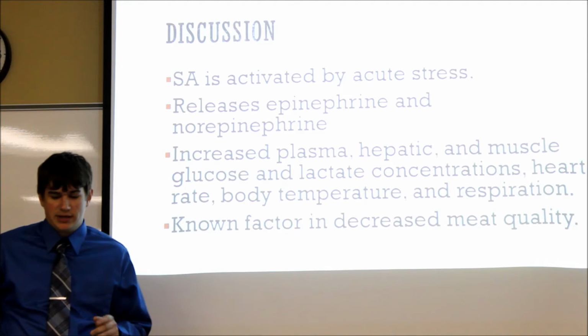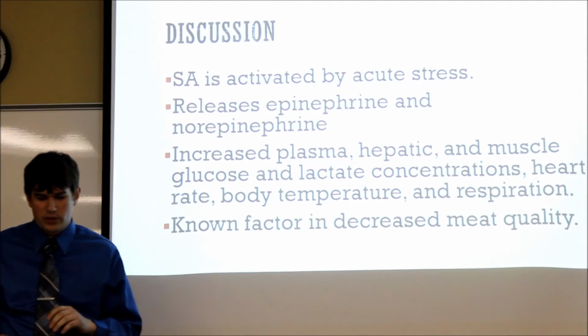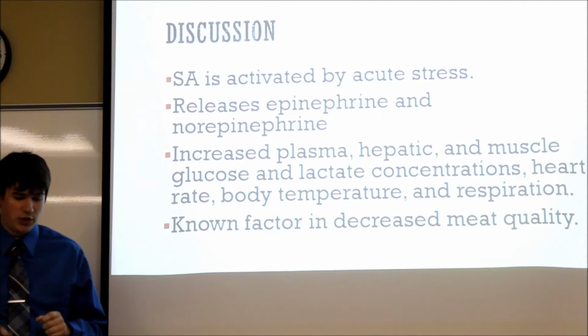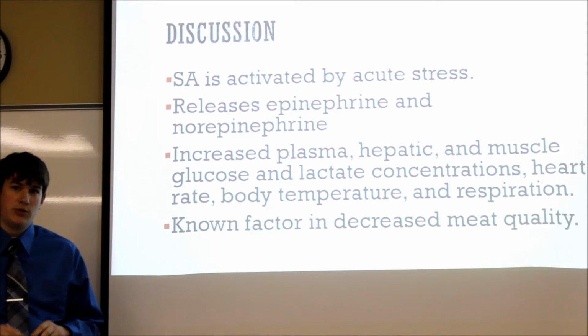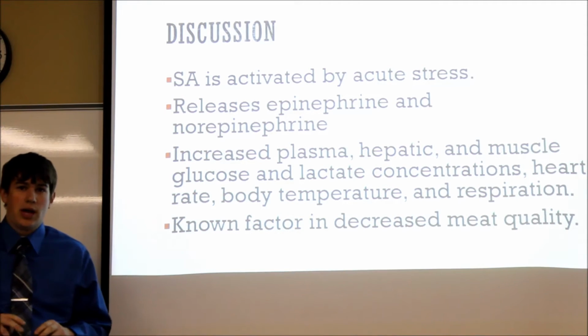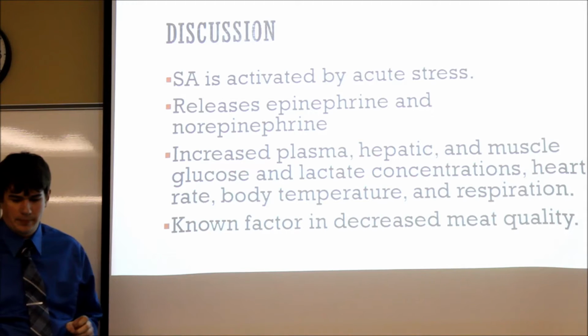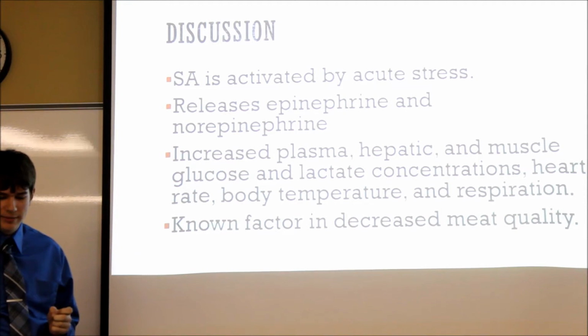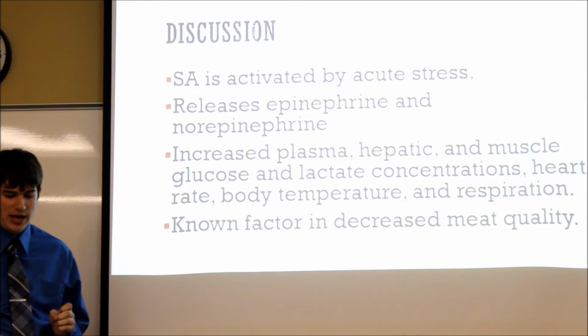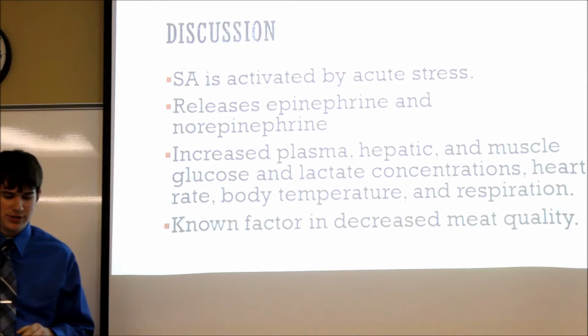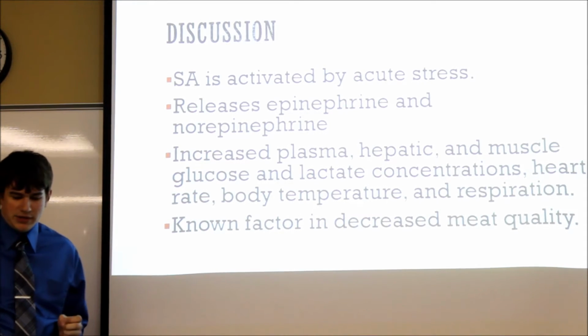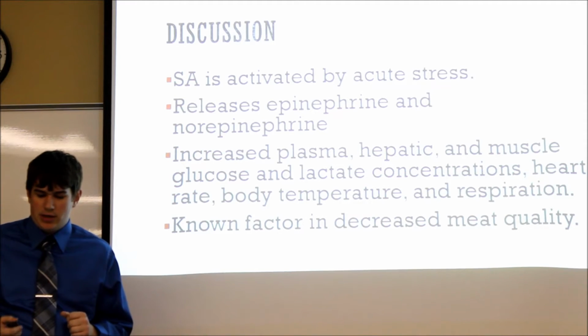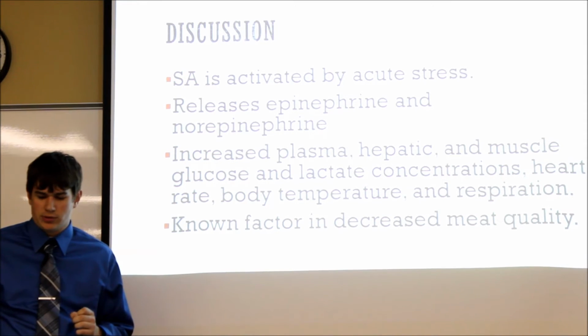The second pathway is the SA axis. When this is activated by acute stress, it releases two neurotransmitters, epinephrine and norepinephrine. They are released from the adrenal medulla. Epinephrine activates beta-adrenergic receptors, and this causes an increase in plasma, hepatic, and muscle glucose.